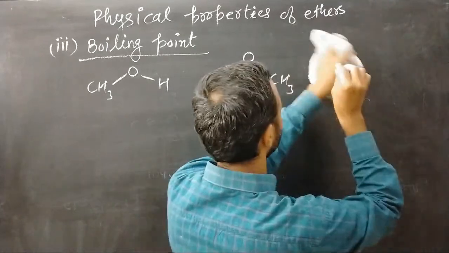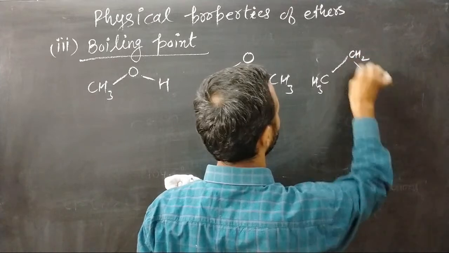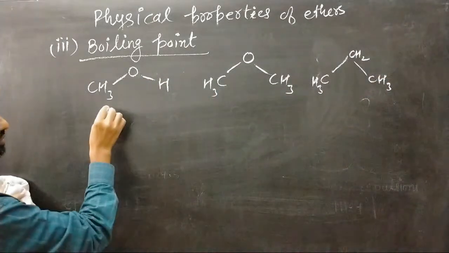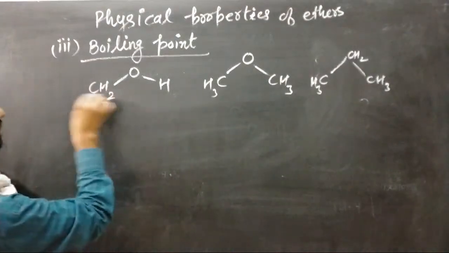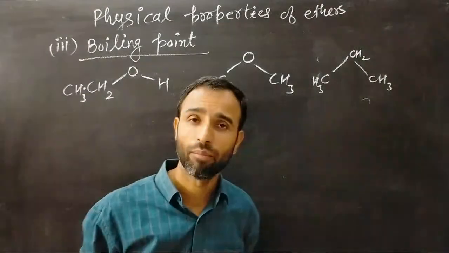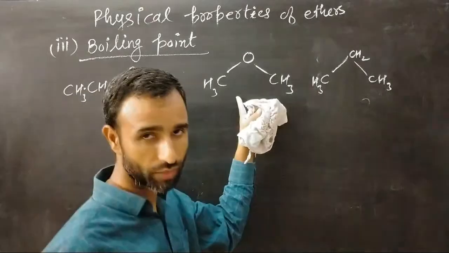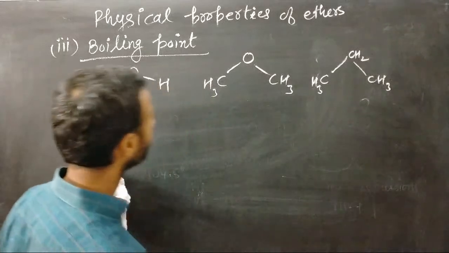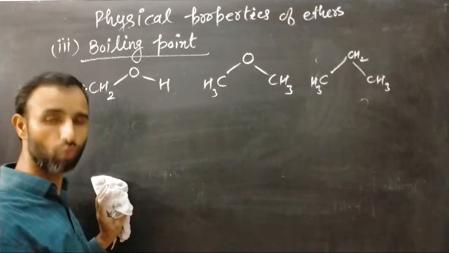Okay, so it is written in zigzag fashion. This is methanol, or we can write it as ethanol, so that they have comparable molecular masses. Ethanol, dimethyl ether and propane. So tell me, what is the order of boiling point?